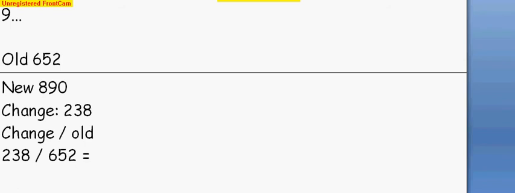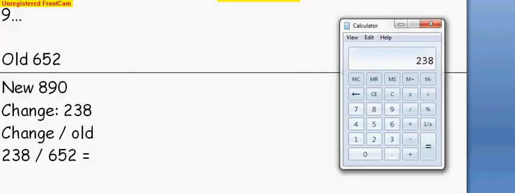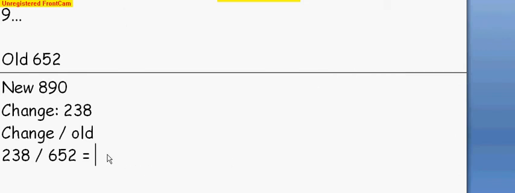Okay, so if you put this in your calculator, we have 238 divided by 652 is 0.365, which is approximately 0.37, which is 37%.